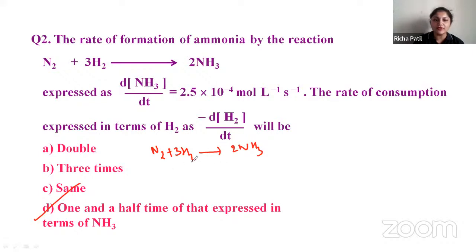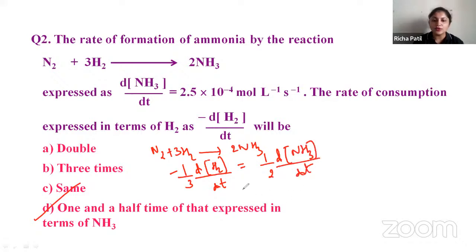They have given it for H2, right? For H2, how do you write the rate? 1 by 3 d of H2 by dt equals, for this, 1 by 2 d of NH3 by dt.